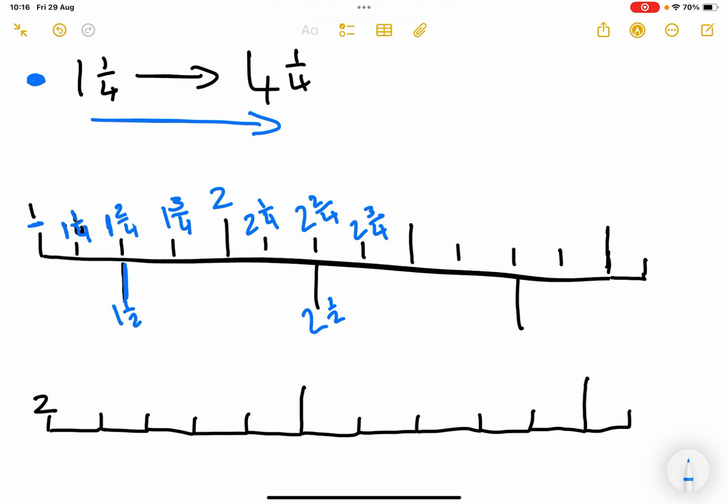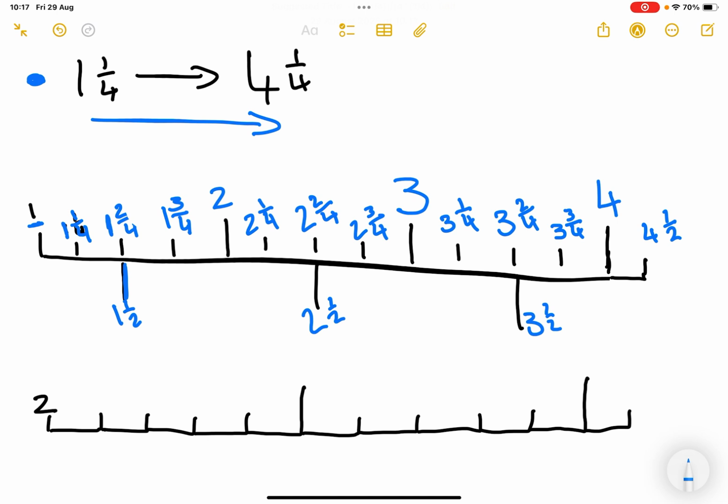What am I going to say? 3. Then, you guessed it, 3¼ because I'm counting in quarters. 3 and 2/4, but that's the same as a half, so that's 3½ too. 3 and 3/4, and this is 4. And then 4¼.